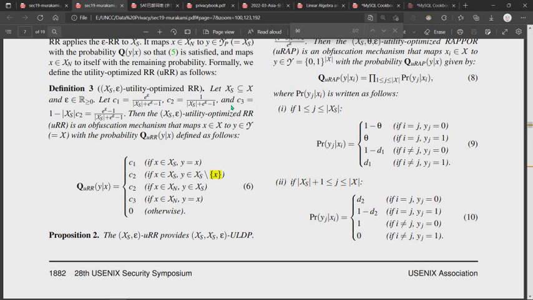So I will just assume that C1 means when epsilon is larger than zero, and C2 is when epsilon is equal to zero.